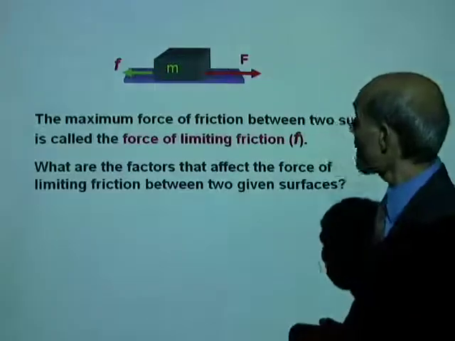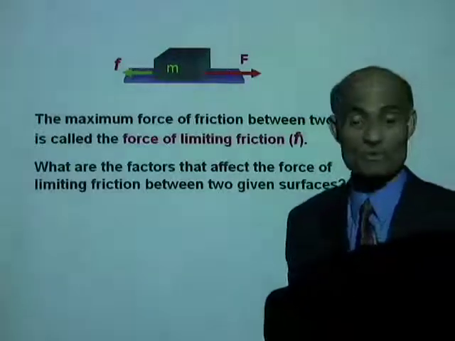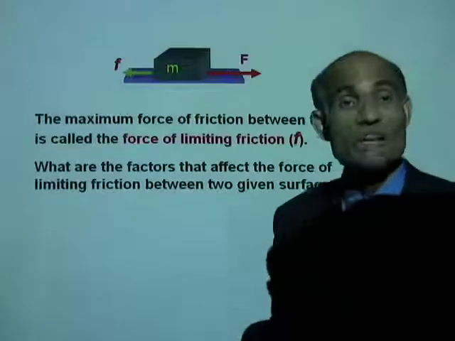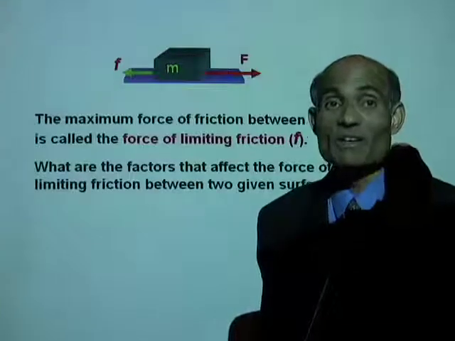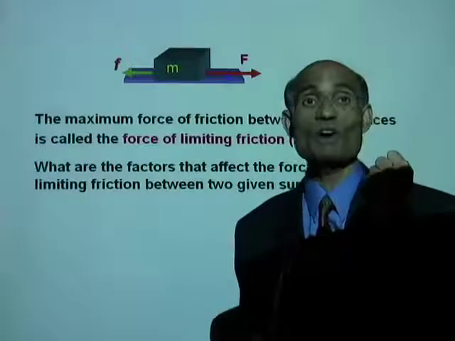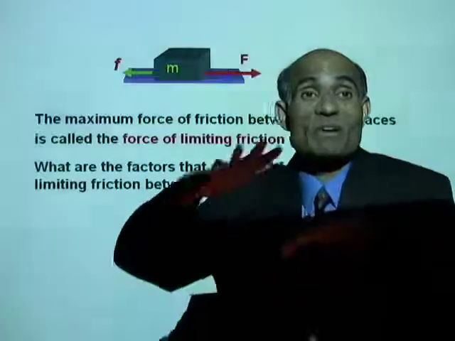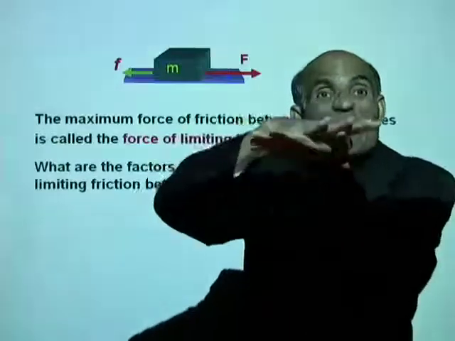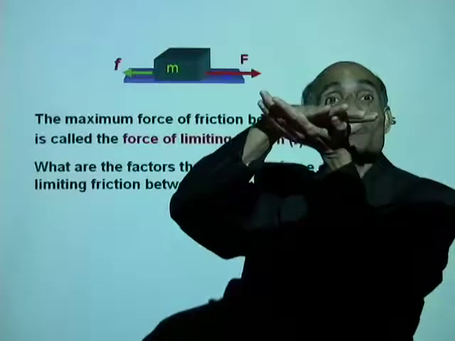Now, what are the factors that affect the force of limiting friction between the two surfaces? I just illustrated that to you here. What is the one factor that affects the force of limiting friction? The one factor is the force that presses the two surfaces together.